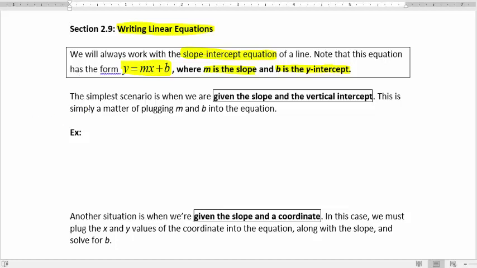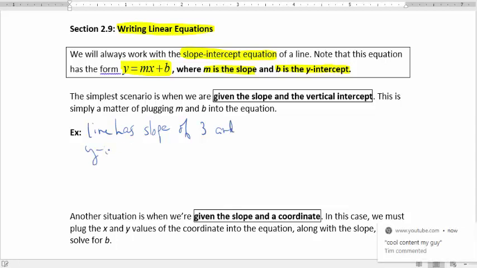So let's say we had a problem where they said, write the slope-intercept equation of a line that has slope of 3 and y-intercept -2, right?